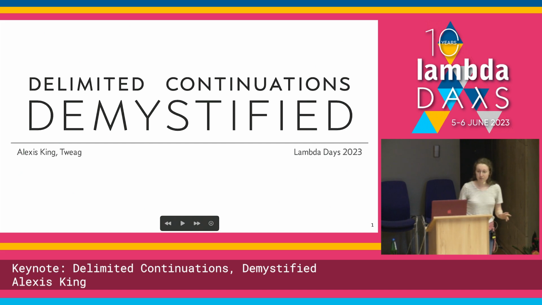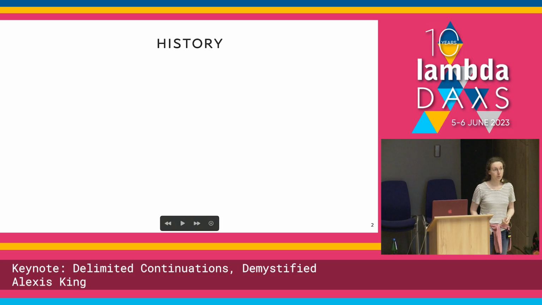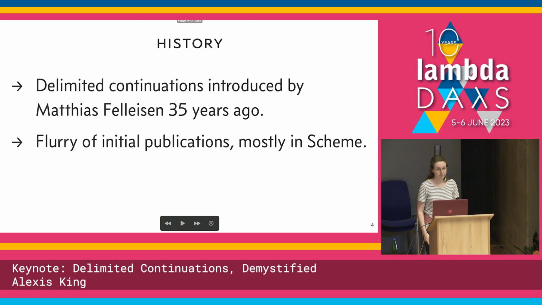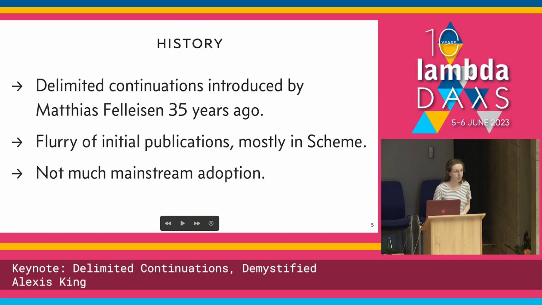And I'd like to start off just by talking about a little bit of history, because delimited continuations are not a new idea. In fact, they were first proposed about 10 years before I was born. And basically, there was a large amount of initial work. A bunch of people published, mostly in the Scheme community, also a little bit elsewhere as well, but they didn't really see very much mainstream adoption.